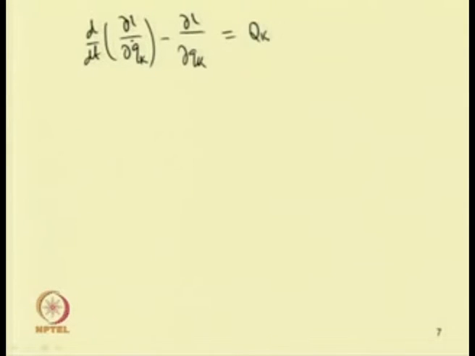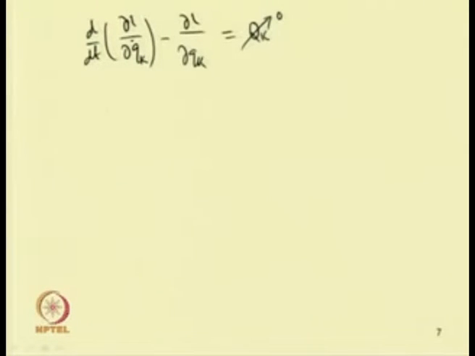As there is no force acting on the system, since we are considering only free vibration in this case, Q k equal to 0. So now, taking q 1 equal to x and q 2 equal to theta.